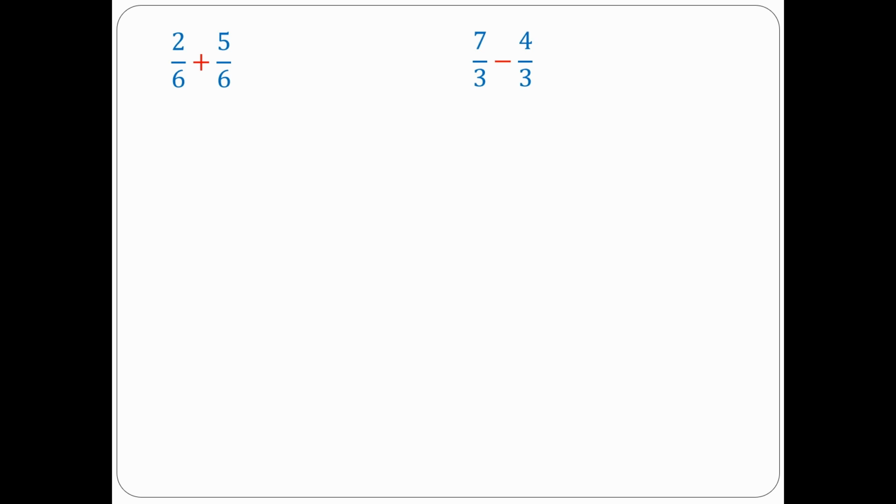Addition and subtraction of fractions with the same denominator is simply done by adding or subtracting the numerators. So the answers for these examples are simply 7 over 6 and 3 over 3 or 1.